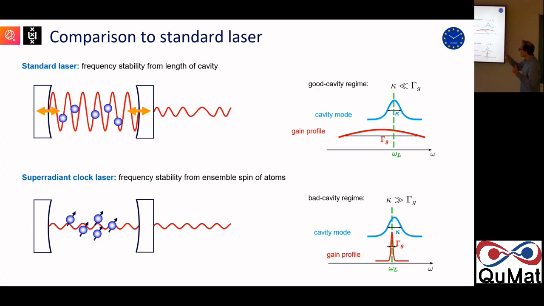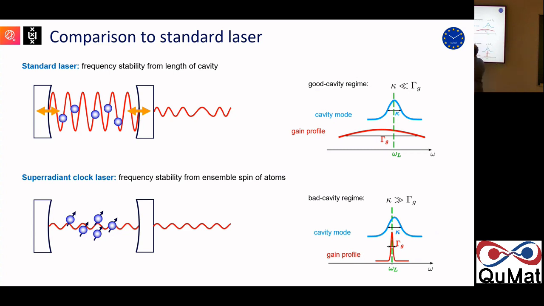And then you somehow, I'll explain later how, make the atoms emit photons on this transition. The frequency of these photons is given to you by the atomic transition, not by the cavity, because the cavity mode can be 1,000 times broader than the atomic transition, or even 1,000,000 times broader.